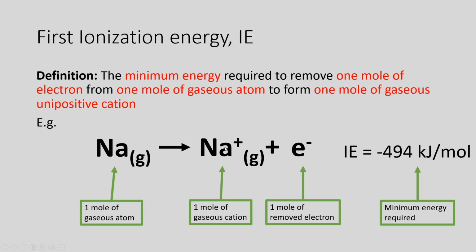So sodium ni pun jadilah plus. Dia menderma elektron tu. So ionization energy is defined as the minimum energy required untuk buang satu elektron daripada 1 mole of gaseous atom to form 1 mole of gaseous cation. 1 mole is important untuk definition dia.